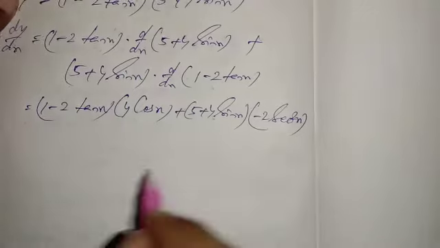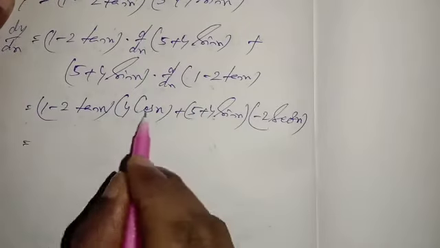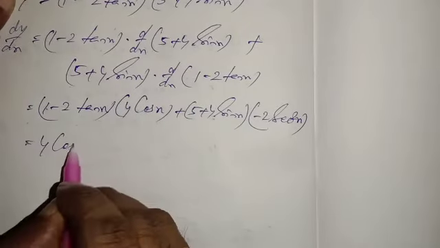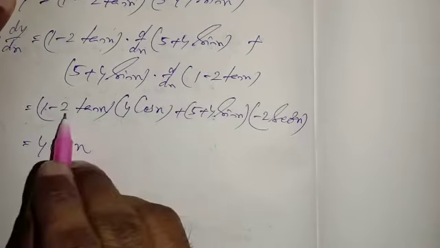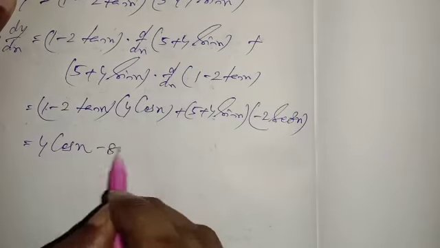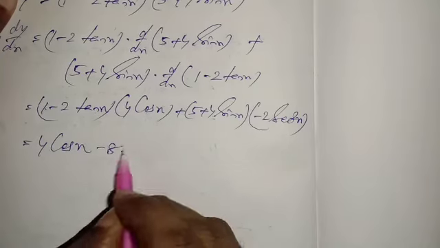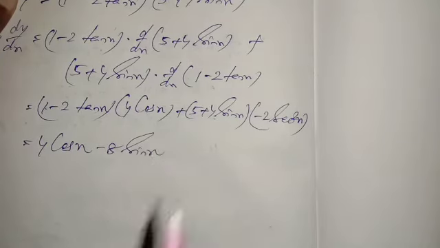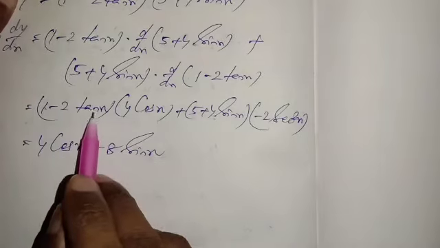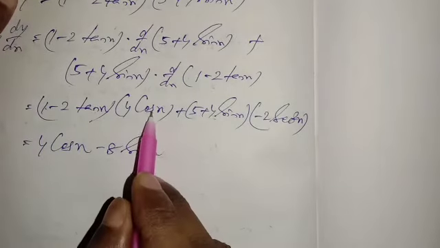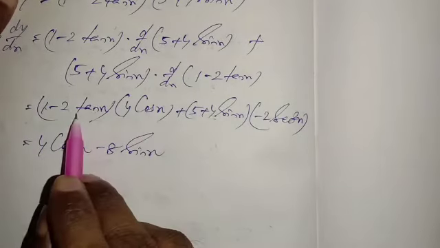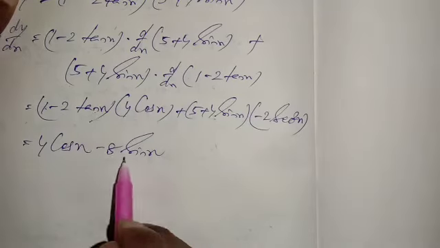Now if I multiply here 4 cos x into 1, that means 4 cos x. Now this will be minus 8 tan x into cos x. Tan means sin by cos, if I multiply, cos cancels out, that means minus 8 sin x.